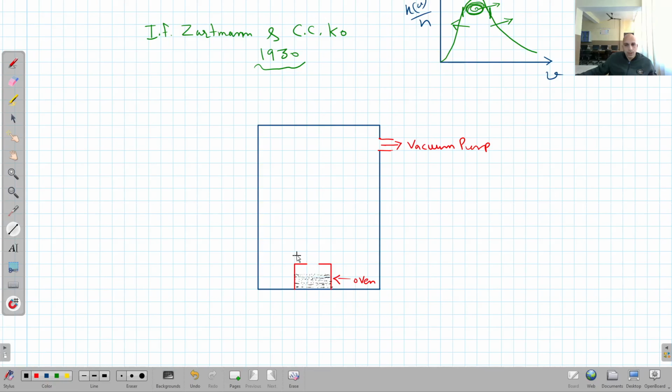So here we have placed a slit, right? This is actually a fine opening here.